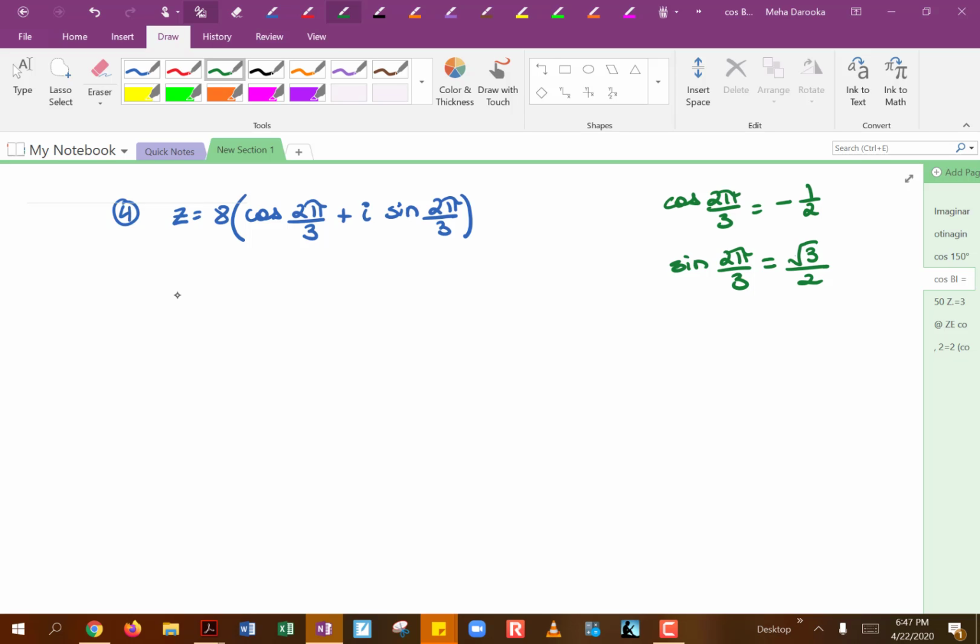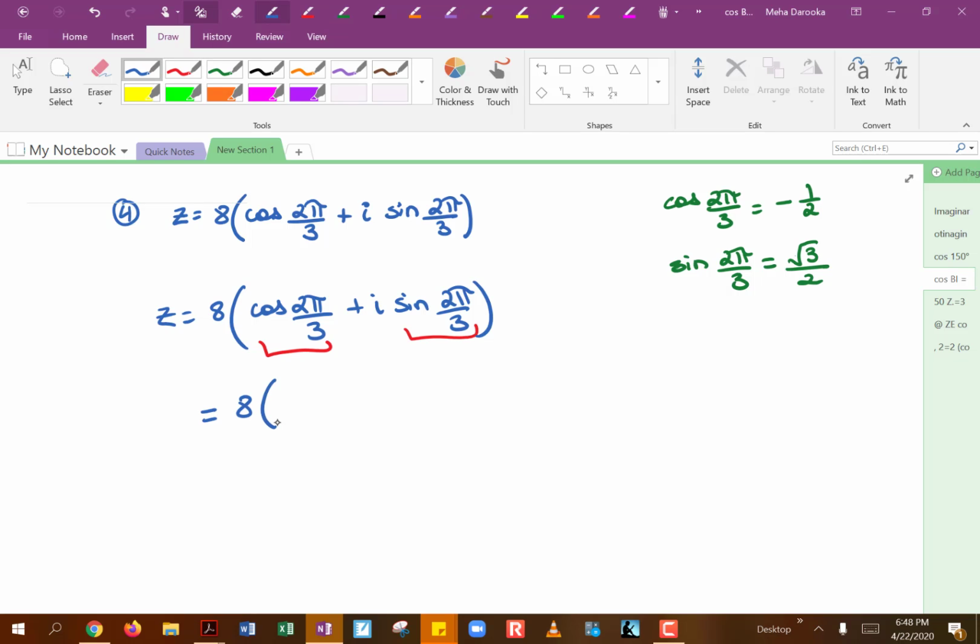So again, in our complex number, we will rewrite cosine and sine of 2 pi over 3 using this information, and that will give us cosine of 2 pi over 3 will be negative 1/2 plus i times sine of 2 pi over 3 will be square root of 3 over 2.